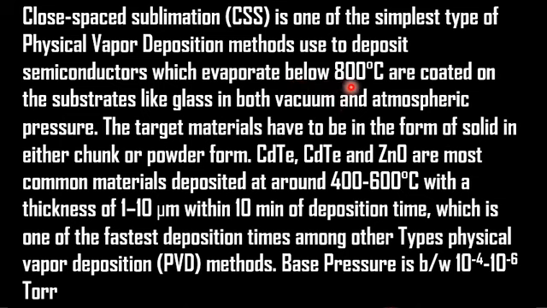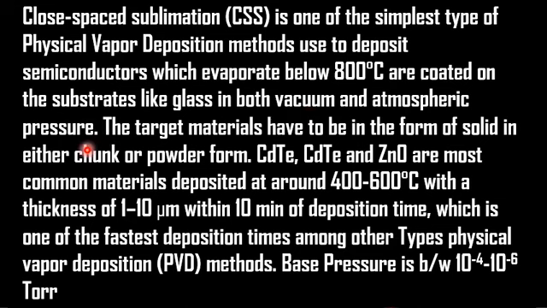Just please note that in closed space sublimation we can use a wide range of substrates. The most commonly used substrate materials on which the film is deposited are glass. Okay, sometimes you can use silicon dioxide, etc., but most commonly glass is used. The closed space sublimation is done both at very low vacuum as well as atmospheric pressure.